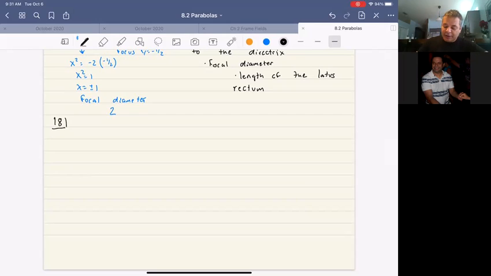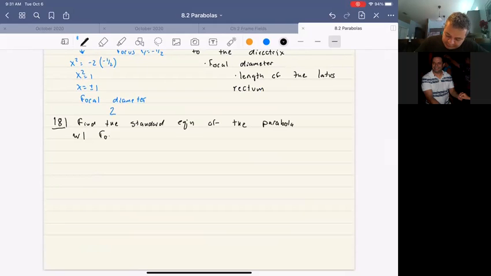It says, find the standard equation of the parabola with focus at (0, 4) and directrix at y equals -2.